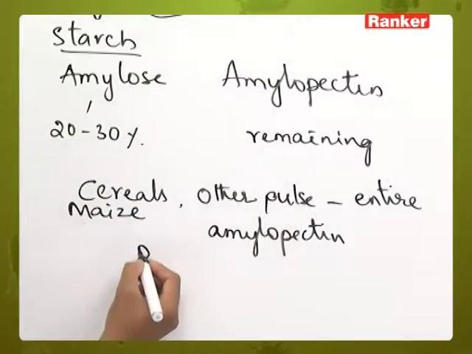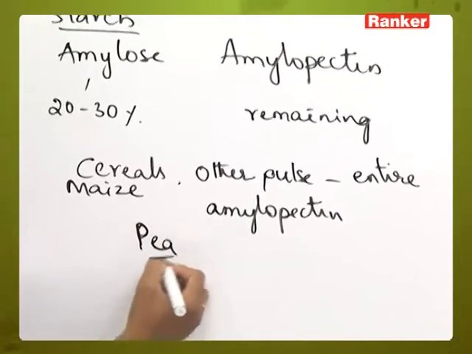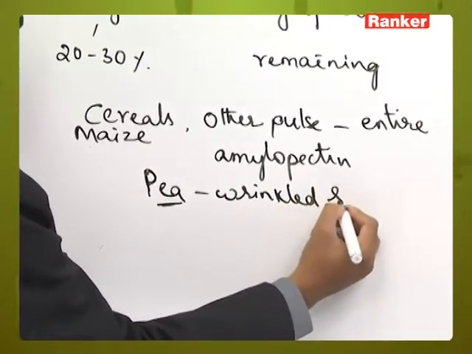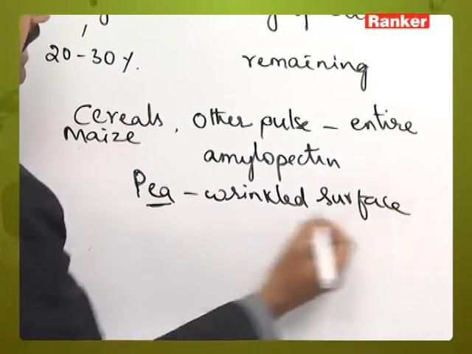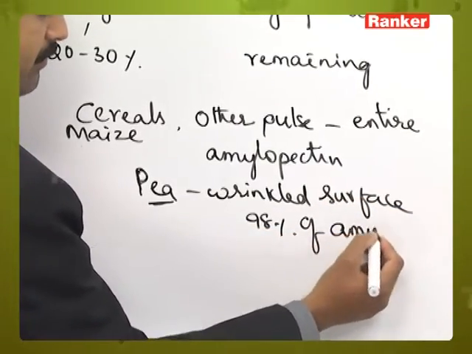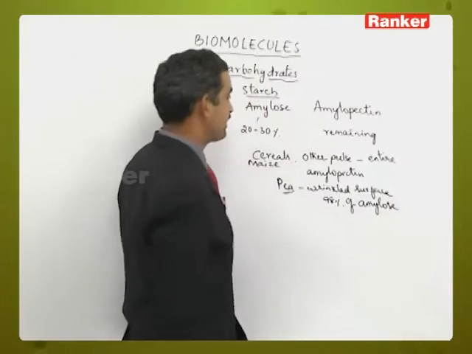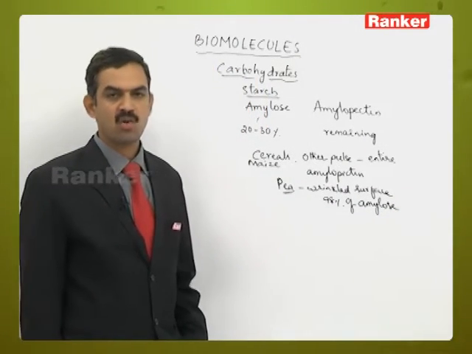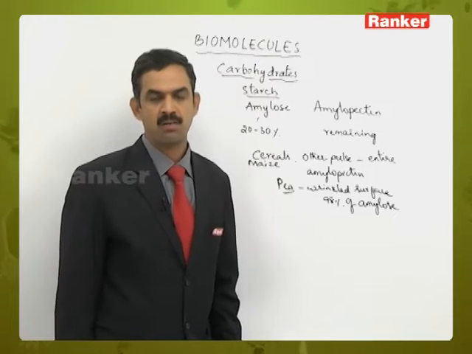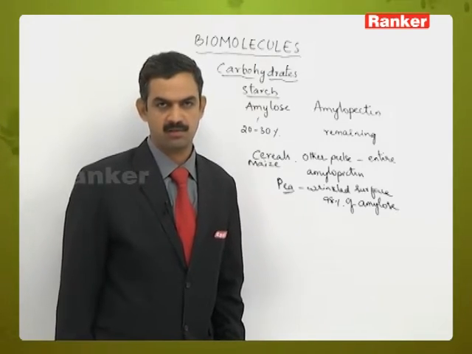In pea, the wrinkled surfaces are present. The wrinkled surface is made up of about 98% amylose. So this type of variation can be seen in the content of amylose and amylopectin present in the starch of different plant species.